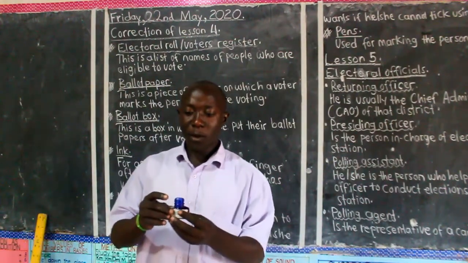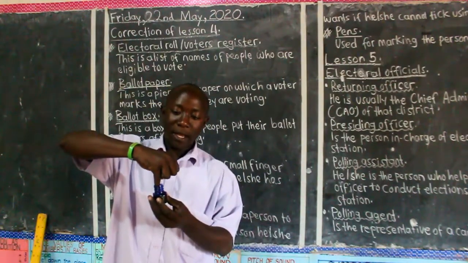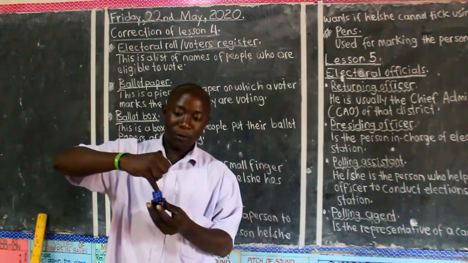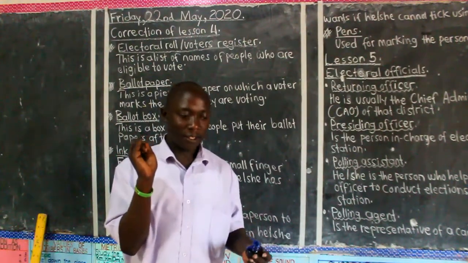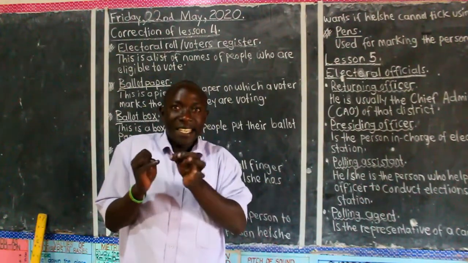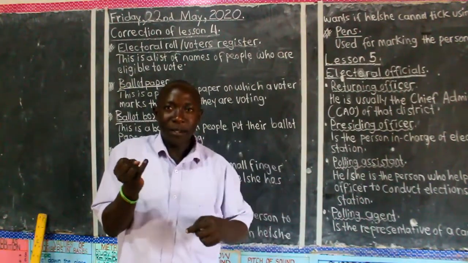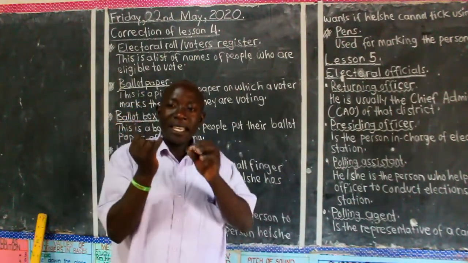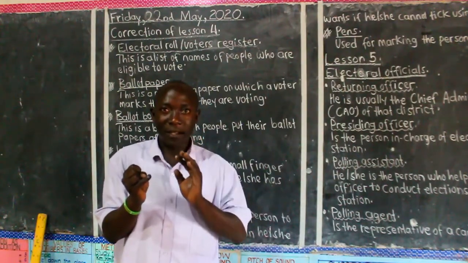After voting, you dip your small finger in that ink. Are you seeing this finger here? When that ink enters the fingernails, it stains there. You cannot remove it. It stays for 3 to 4 days.